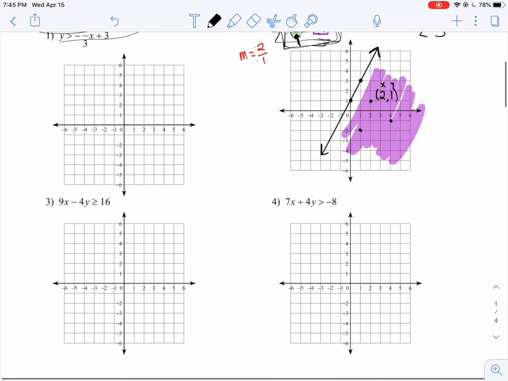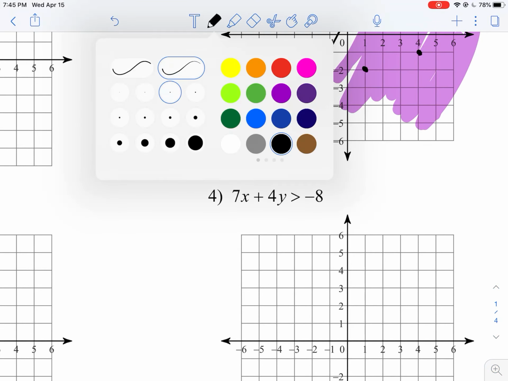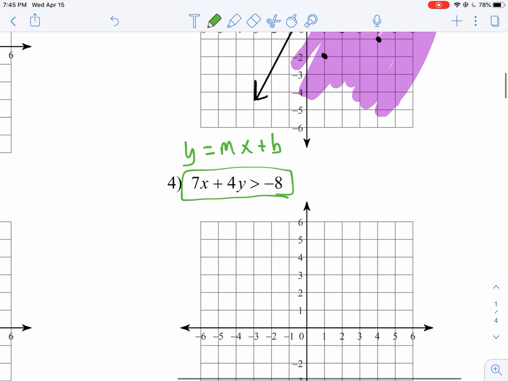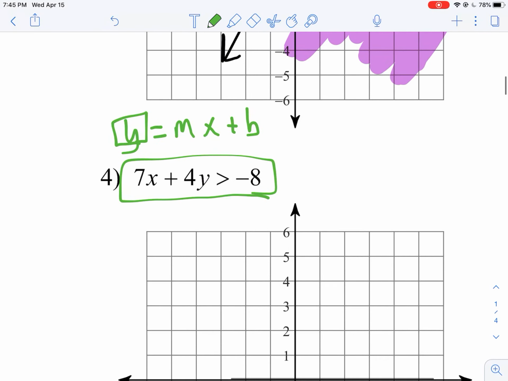Okay. So let's go down to the next problem, number 4. With number 4, you'll notice it is not in my y equals mx plus b form, so we have to reorder this inequality so that it is in y equals mx plus b form. So essentially I'm solving for y. I'm going to start, and we've done problems like this.